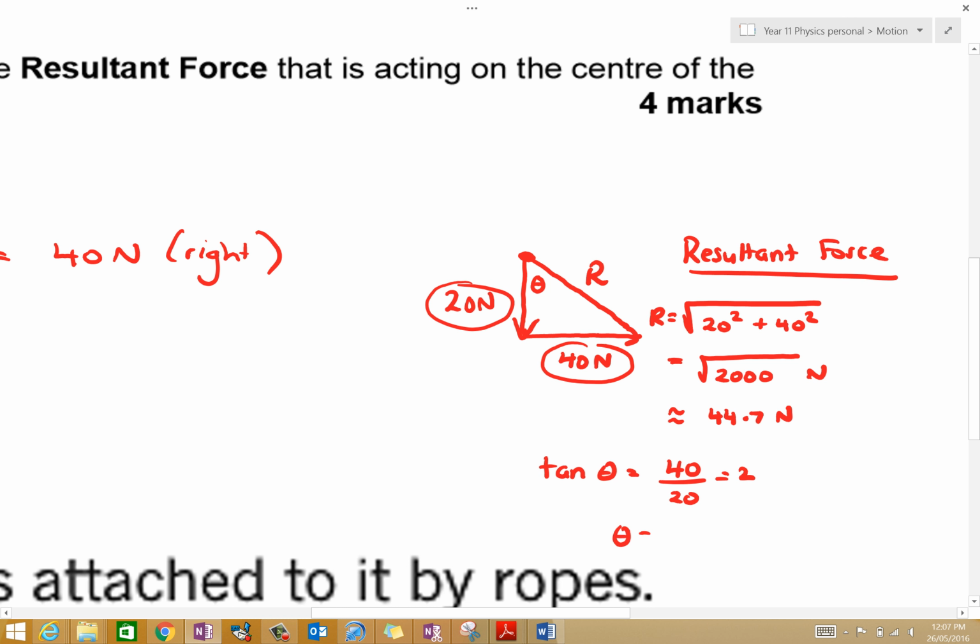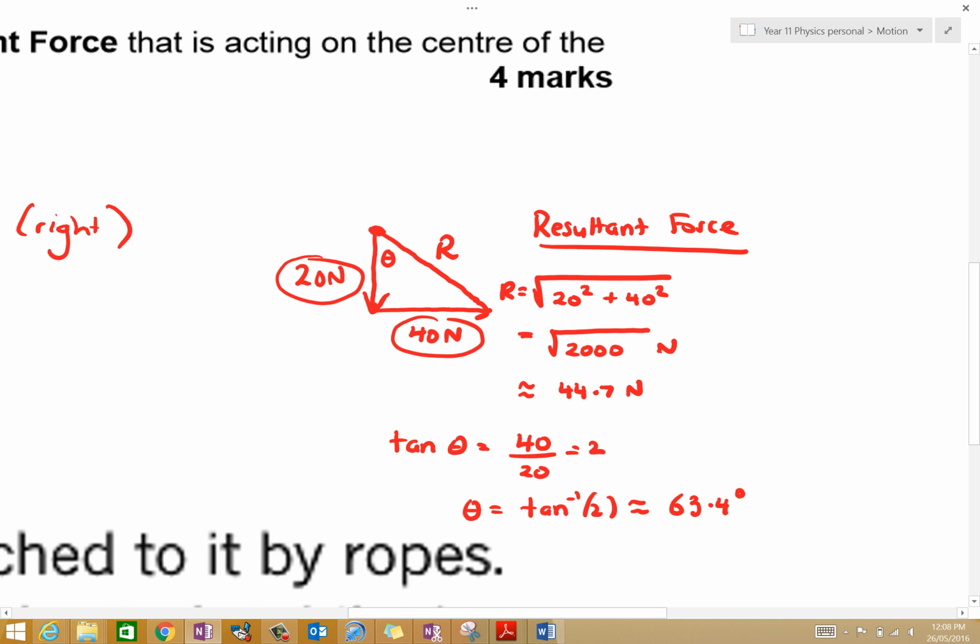So therefore, theta is equal to the inverse tan of 2, which is approximately what in degrees? What angle do we have there? Do I have to go and work it out myself? 63 degrees. 63.4 degrees.